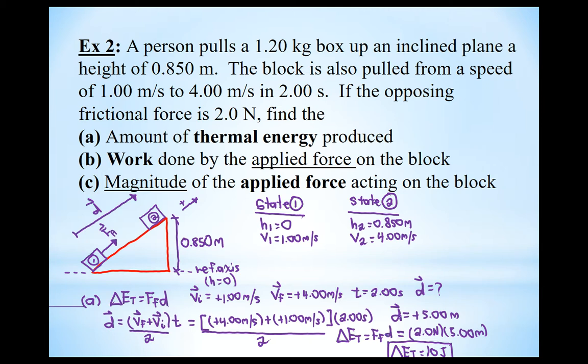Now, part B wants me to calculate how much work is done by the applied force on the block. So now we're going to have to use the full work-energy theorem. If I write it out, WA is equal to delta EK plus delta EP plus delta ET. And we're going to expand this.